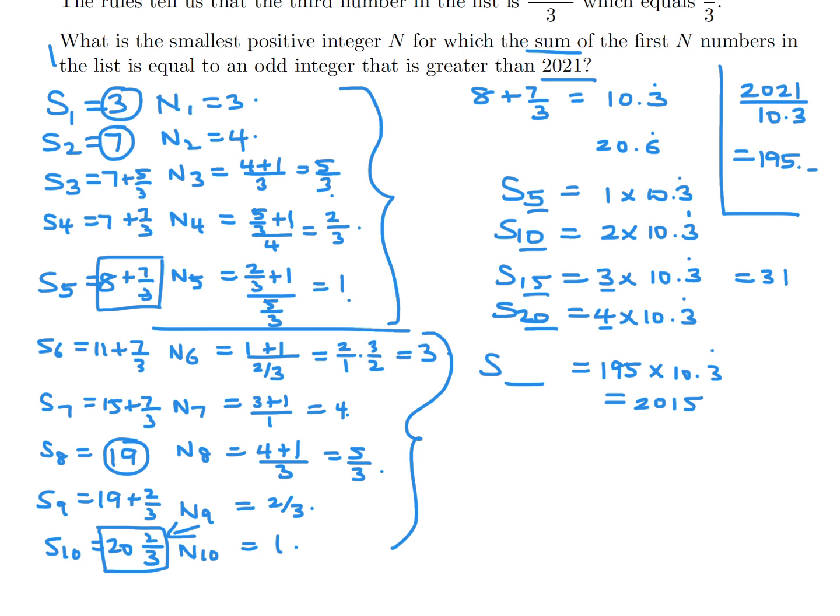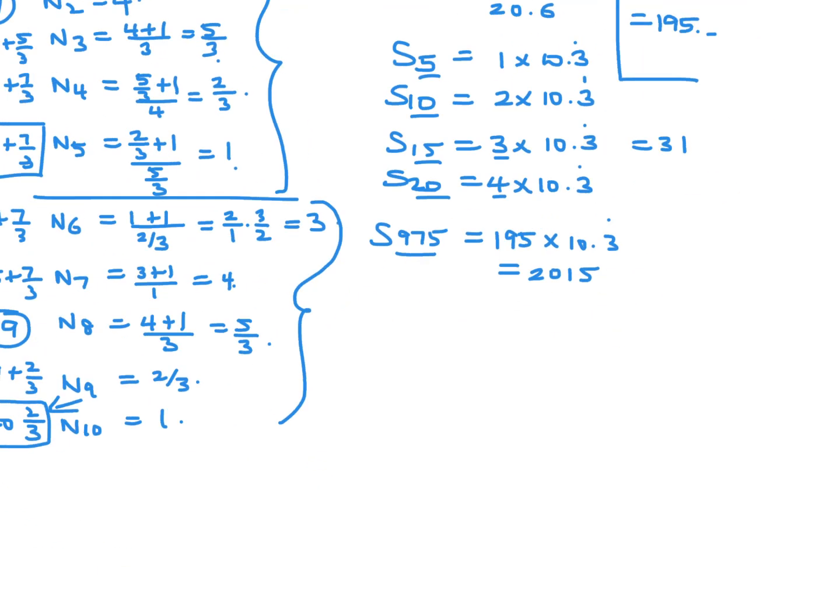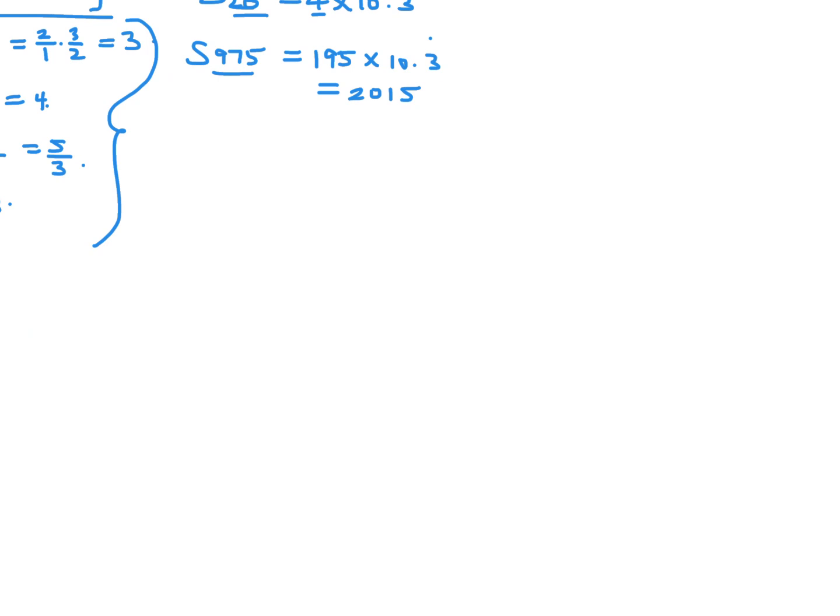Yeah, it would be 195 times 5, which is 975. Okay, so we've come very close to that 2021, but we want to go greater than that. So since I've got to go greater than that, I've got to now do this thing manually. Yeah, because if I just extrapolate, I might miss it. I might go too far ahead. So let's do it manually for 976, 977, which shouldn't take too long.